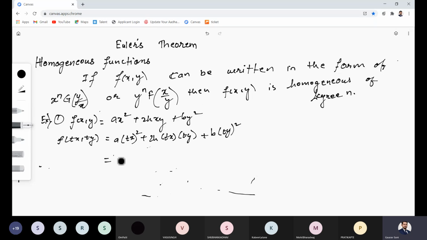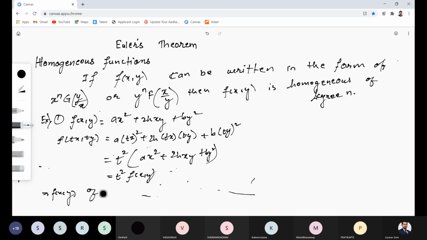So this is t square, I can take common from the equation, and what we have is ax square plus 2hxy plus by square. So this is t square f of x comma y. So f of x y is homogeneous and it is of degree 2.